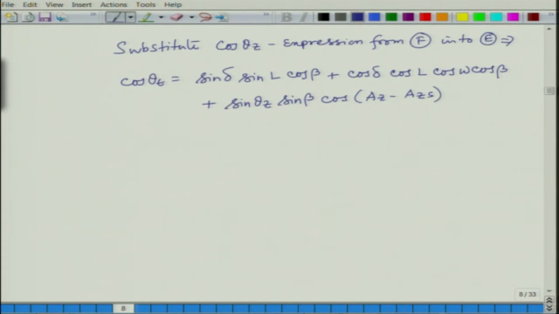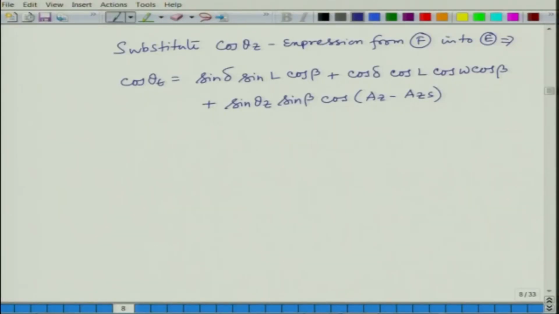Okay. So, all of these steps I am writing, but I insist that you do it on the notebook you have and ensure that you agree with all these steps.